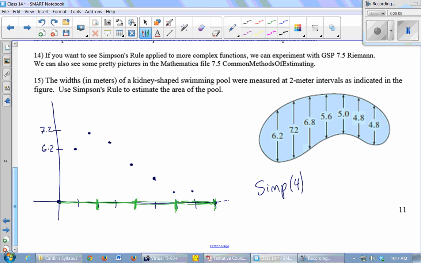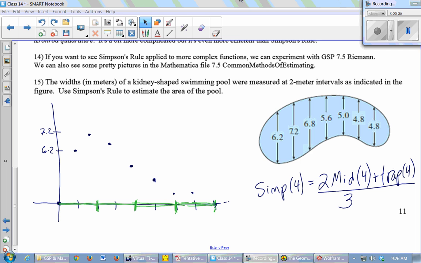The only way I can use mid on this information is to use 4 intervals. So this would be twice mid 4 plus trap 4, over 3. Right. So you guys set about doing that. Find Simpson's approximation over the 4 intervals.